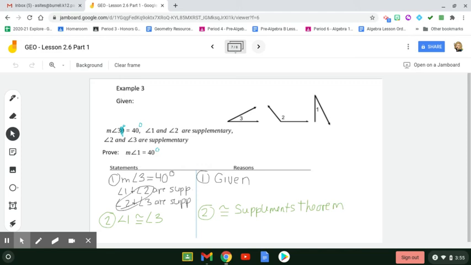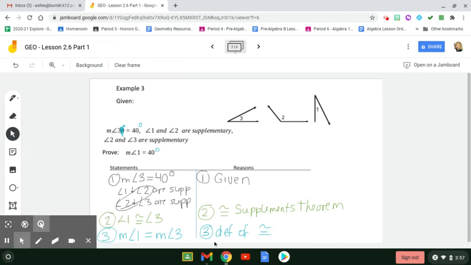Now, in order for us to get to what we're trying to prove about equality, we have to go from congruence to equality. So we're going to take this statement and convert it to equality. We're going to say the measure of angle 1 is equal to the measure of angle 3, and that's the definition of congruence.